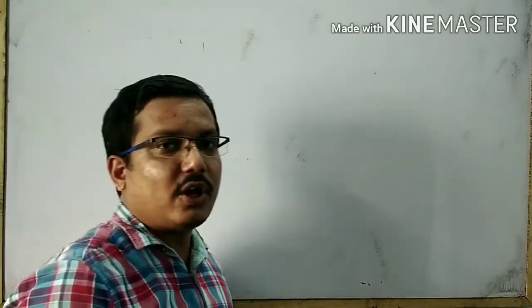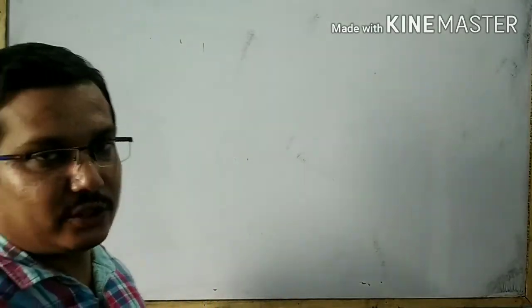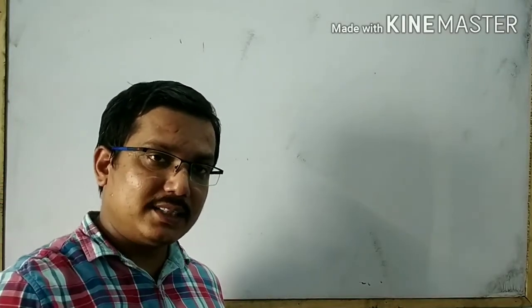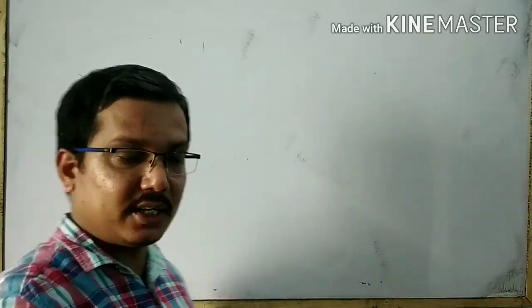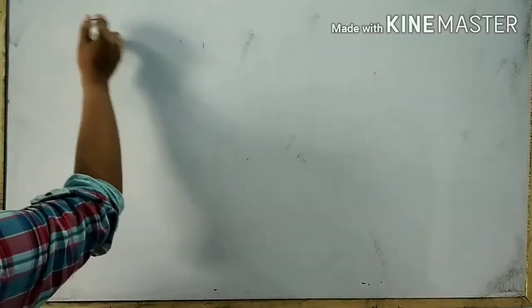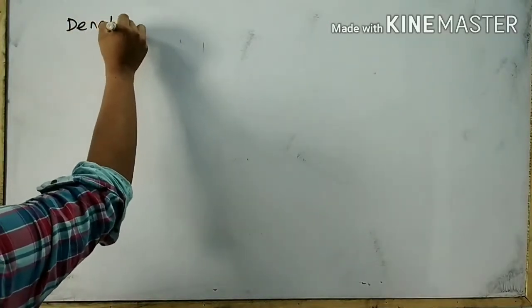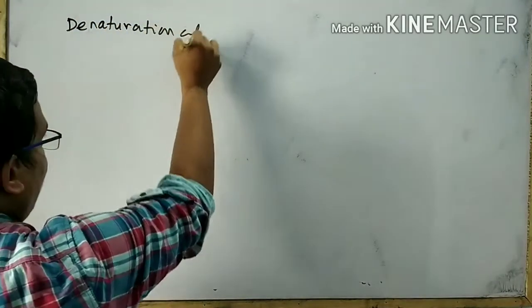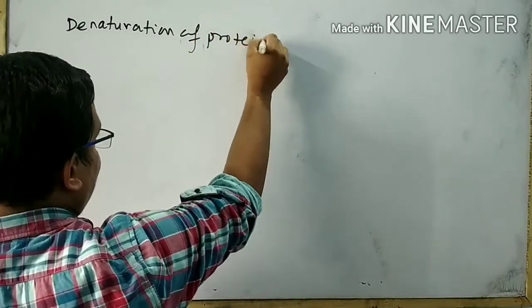An important question always asked in the exam: what is the denaturation of protein and what is the cause of denaturation of protein? So I will discuss the denaturation of protein.